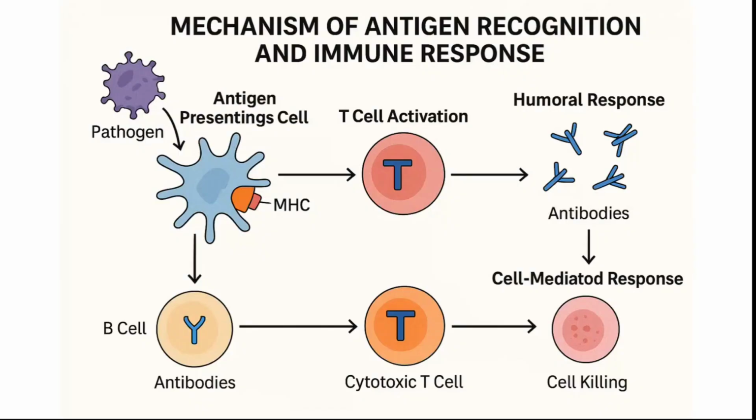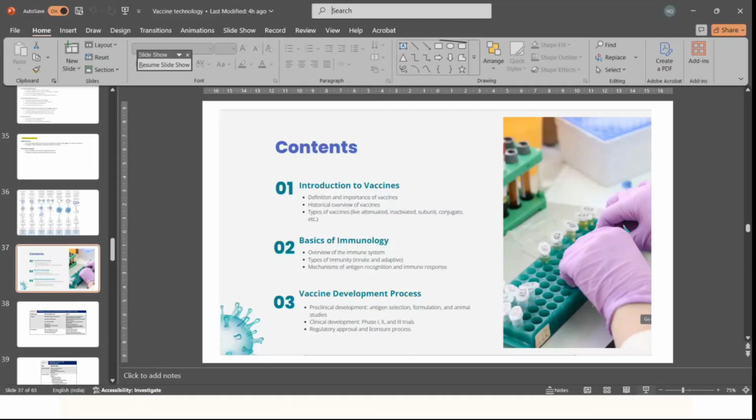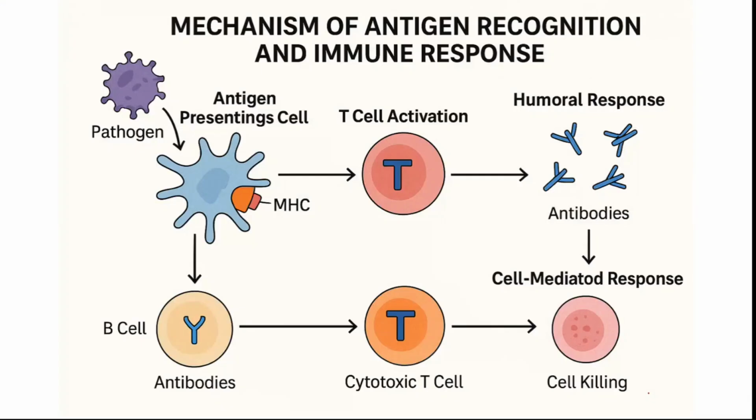So this is the basic mechanism of antigen recognition and immune response. How is antigen recognized by our body? Because if your body is unable to recognize the antigen, everything depends on the recognition.